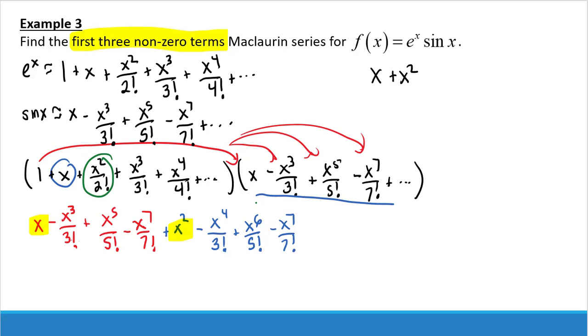So I'm going to multiply that by. I'm not going to worry about multiplying those out because I don't want to mess anything up, but I am adding the exponents.